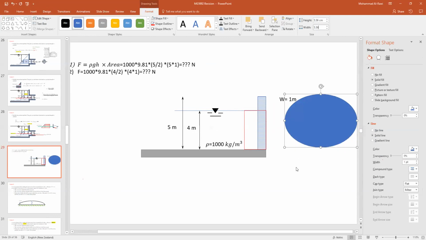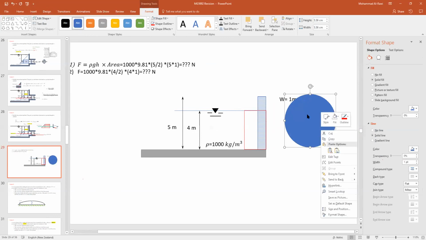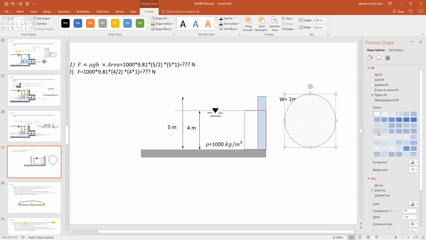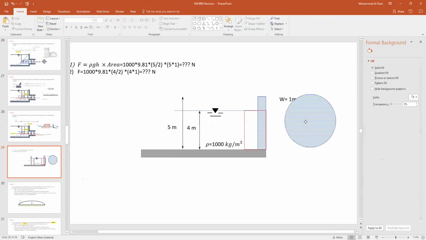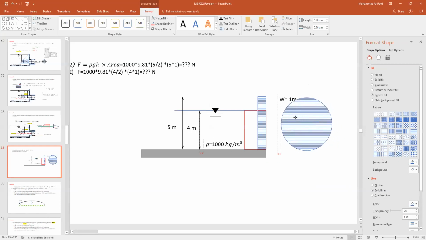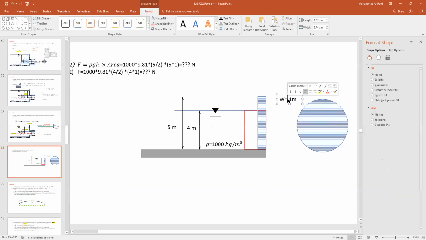And then we use this one. So in case they say, hey guys, this gate, if you look into it on the other side, it has a circular shape. So what does that mean?